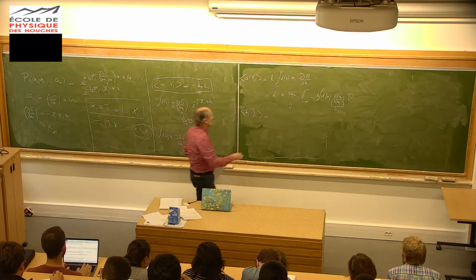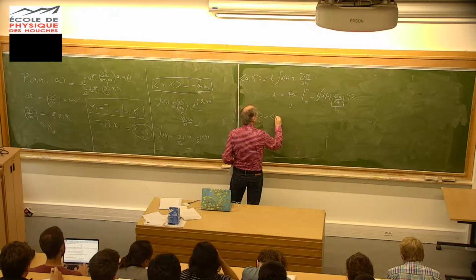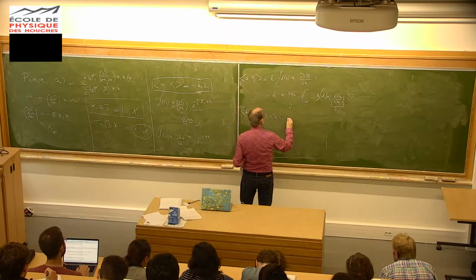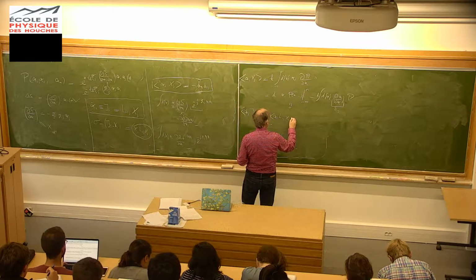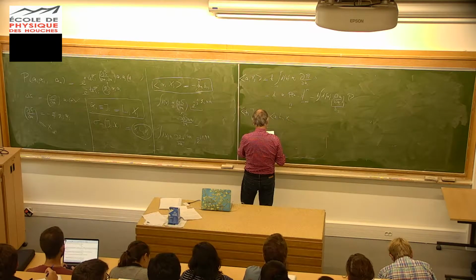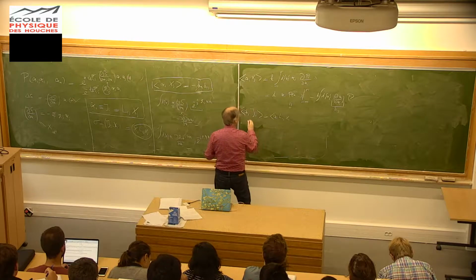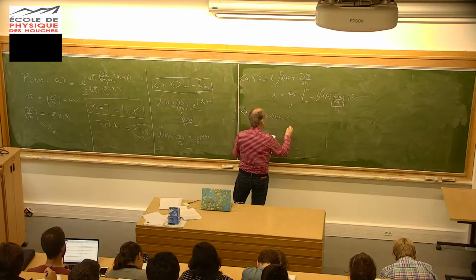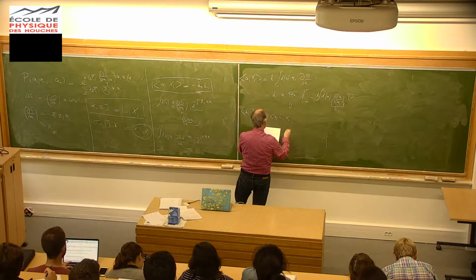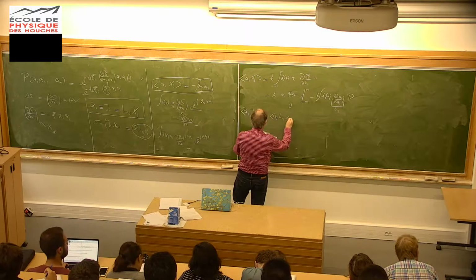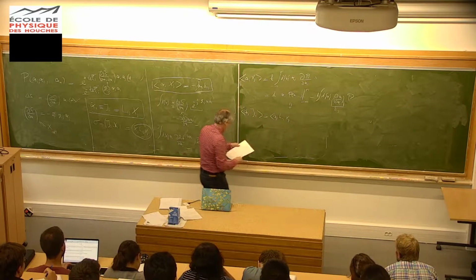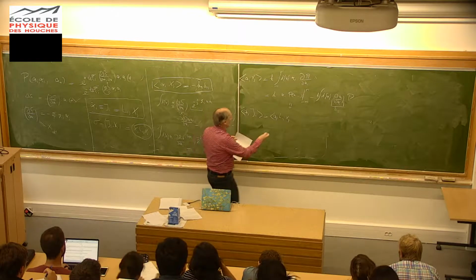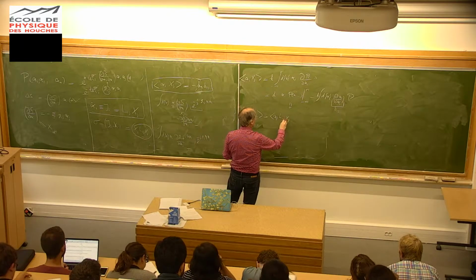So I can write this as alpha j, and then Lij xj. Sorry, I have to be careful, because yes, this is Lij xj. That's right. This is what I want.